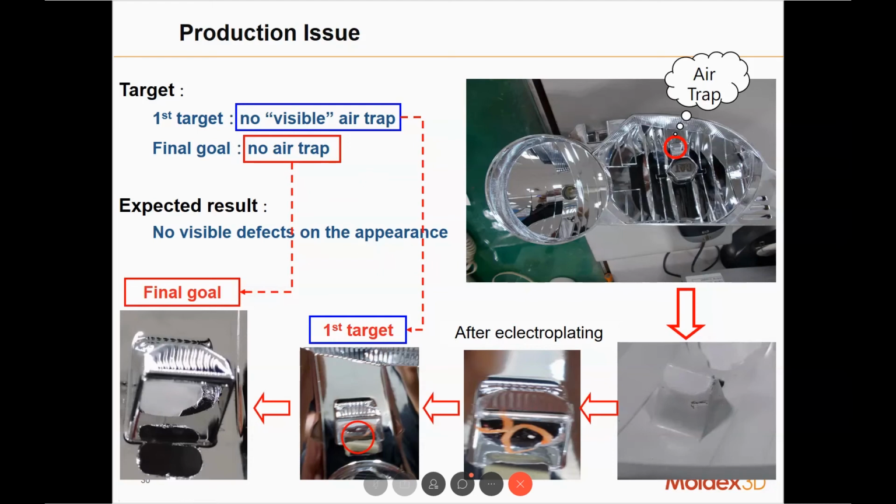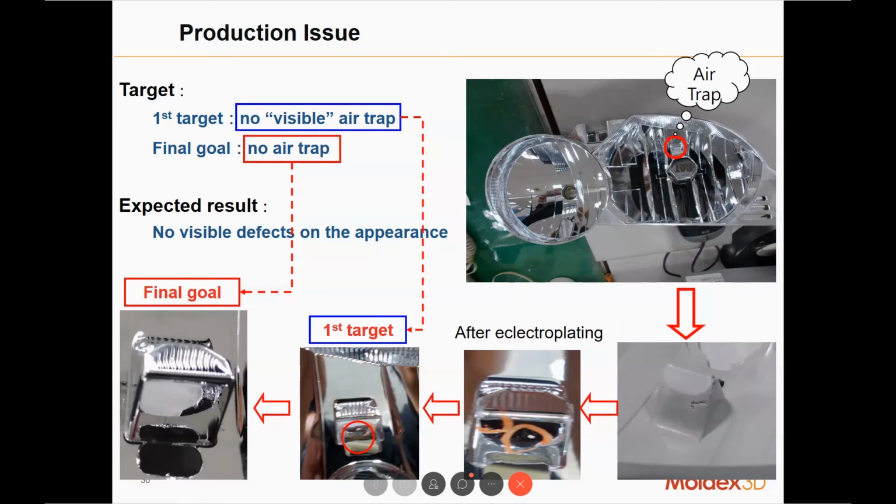Even after electroplating, the electroplating layer cannot cover the air trap, so it is actually visible on the outside. So their first target, the minimum requirement, is to move the air trap to another region so that there is no visible air trap on the appearance side.